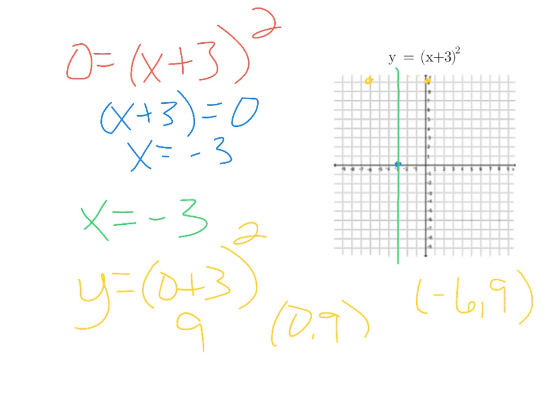Now that I have at least 3 points, I can draw my parabola. So if I connect my points, I've got my U-shaped graph, and at this point we have graphed the function y equals the quantity of x plus 3 squared.